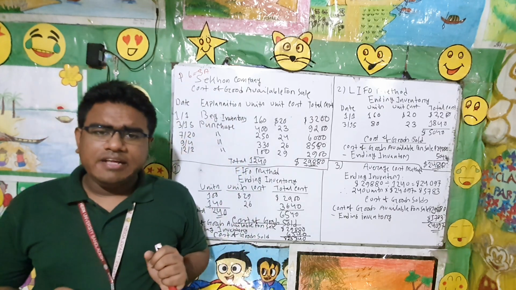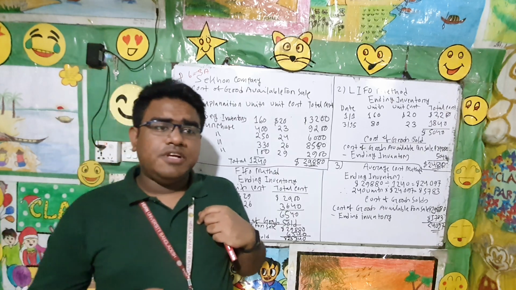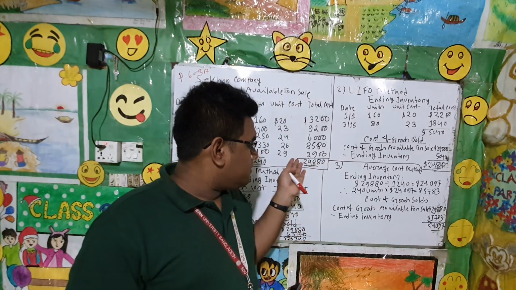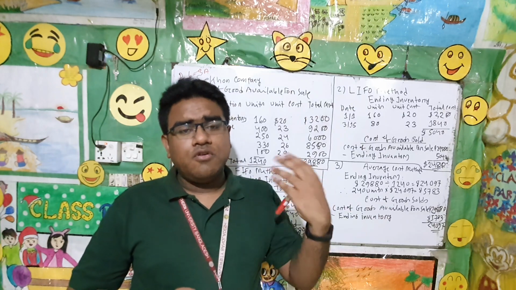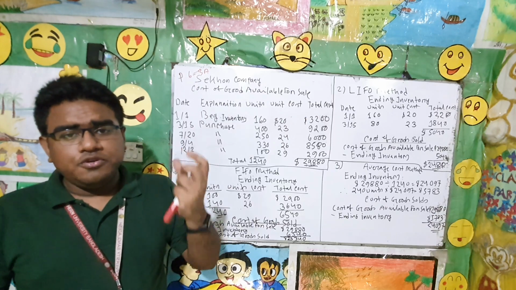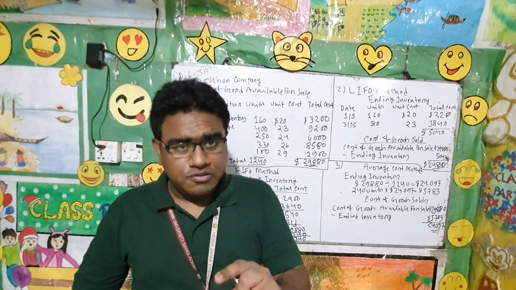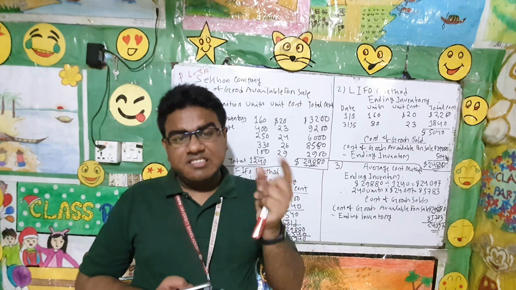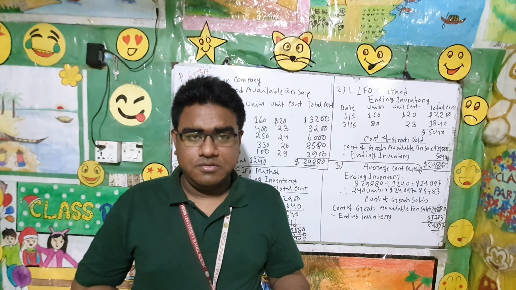I discussed in the class several times that we can actually see the inventory value and the cost of goods sold. We can get the value if we use three methods: first in, first out, which is FIFO in short, then last in, first out, which is LIFO, and the average method.